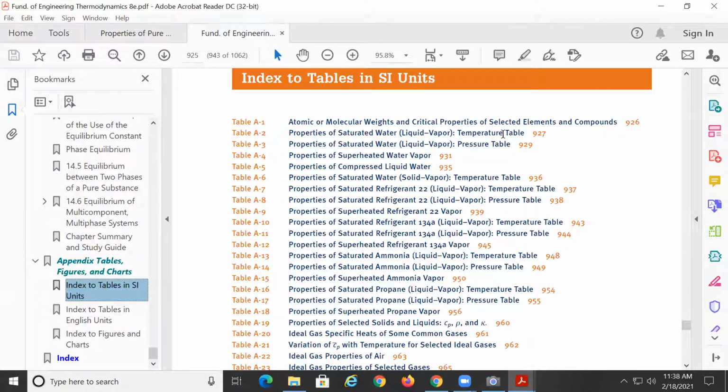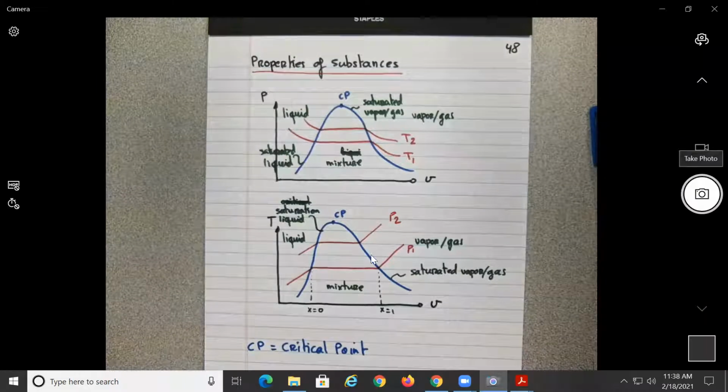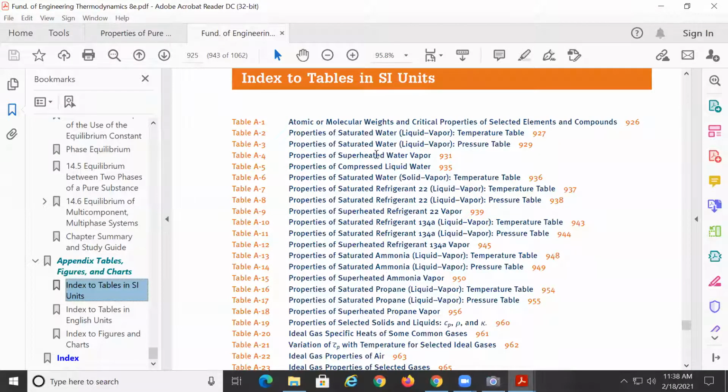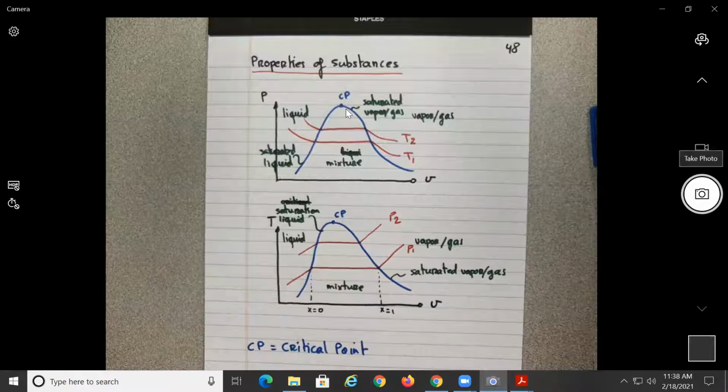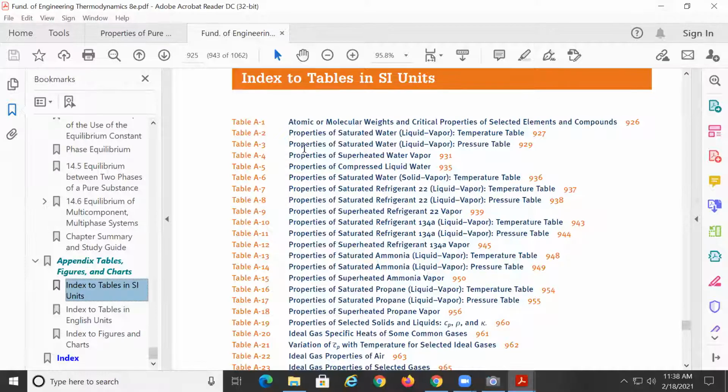What is constant? Temperature table. Properties, so this will be for which figure? This figure, okay? I mean, it doesn't matter really. Properties of saturated water, pressure table. It will be, if we look at, probably at this figure, okay? But you see, they tell you the title, saturated liquid. So vapor is this, the one over here.